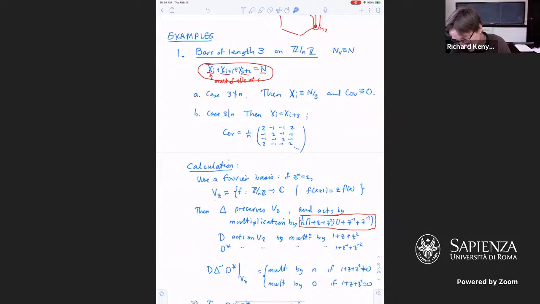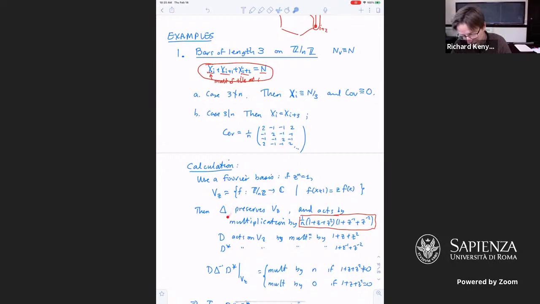So if I let Vz be the space of functions which are essentially eigenvectors for the translation operator. You take z to be an nth root of 1, and you consider the space of functions on Z mod nZ, which have the property that when you rotate by 1, they multiply by z, this nth root of unity. And the space of all functions can be decomposed into these subspaces Vz. Those form a different basis, a Fourier basis for this space of functions.